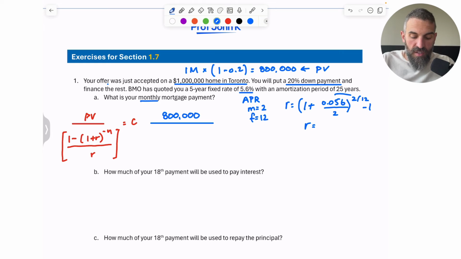Again, you can call this K if you prefer. It's the same thing. Okay, so I get 0.004613. All right, that's my effective monthly rate.